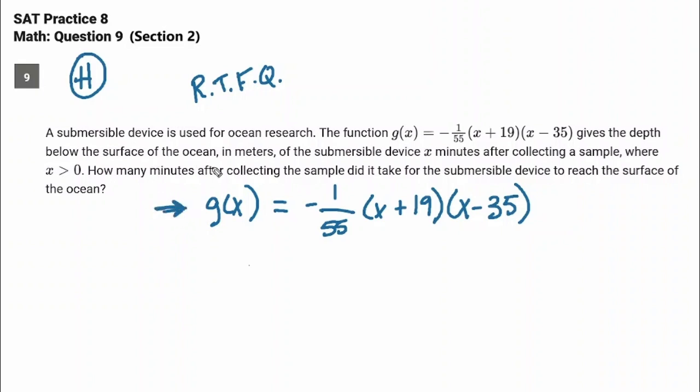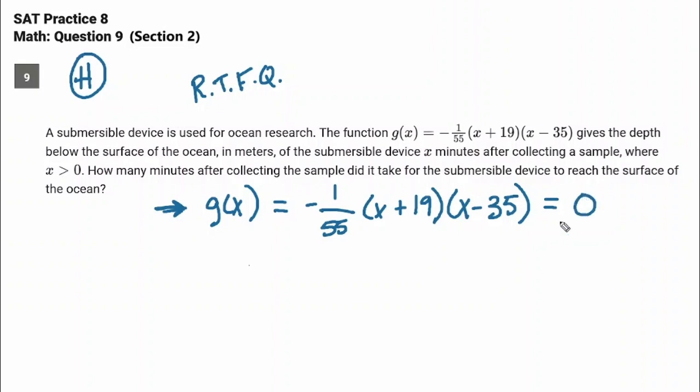It's the depth below the surface of the ocean, x minutes after collecting a sample. How many minutes after collecting the sample did it take for the submersible to reach the surface of the ocean? So what do we want this function to be? It says depth below the ocean. We want to get to the surface of the ocean. So how much under the ocean do we want to be if we're at the surface of the ocean? We want it to be 0.